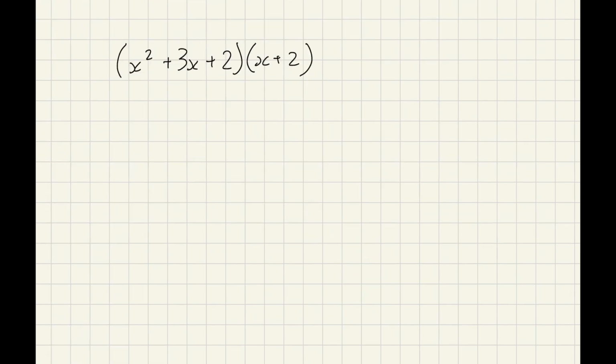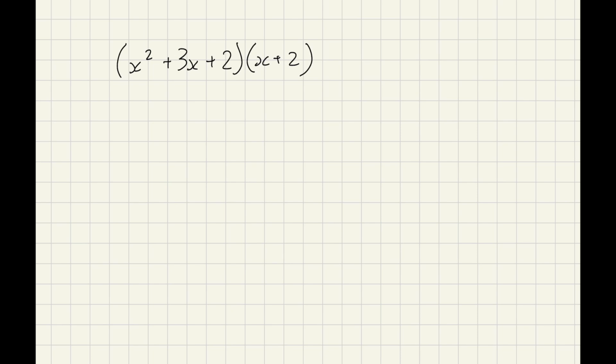Let's take a look at some polynomial multiplication. So the same concept applies. Distribution is king. We are going to be distributing a polynomial into another polynomial, in this case a binomial into a trinomial, to find the final answer of this expression right here. So let's take a look at this. We have x squared plus 3x plus 2, a trinomial, multiplied by x plus 2.